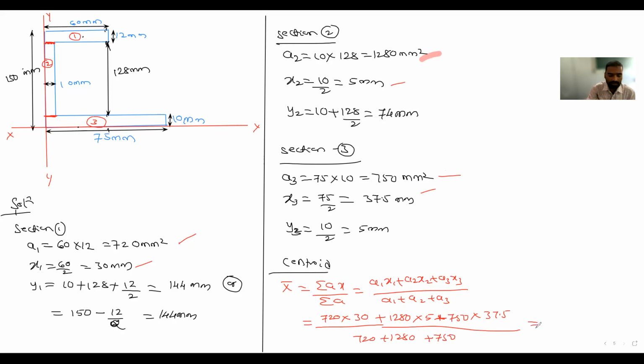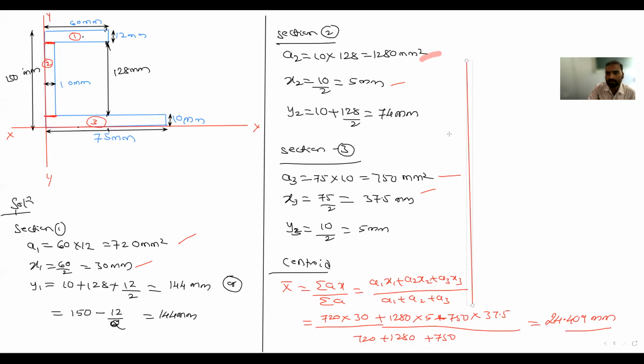So you will get x bar equal to 24.409 mm. Okay, you can calculate afterwards also, but you will get this much. Is it clear?